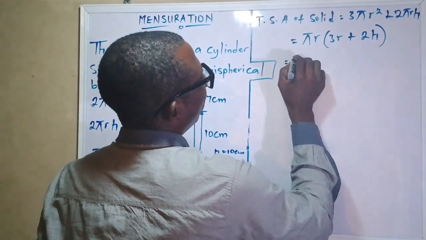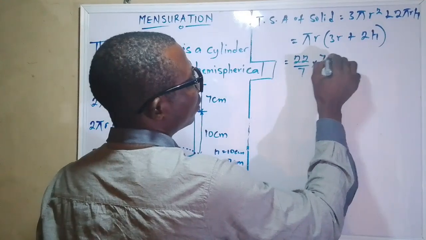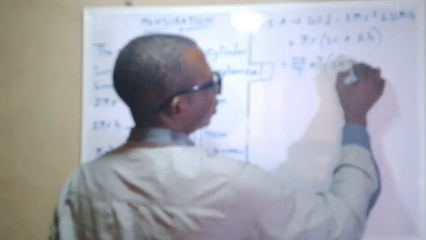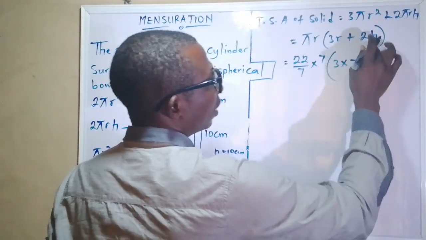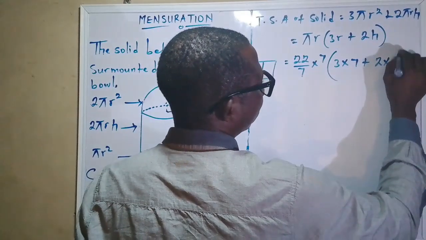So let's substitute. We have 22 over 7 times, 3 times r, what is r? 7, plus 2 times h. What is h? h is 10.